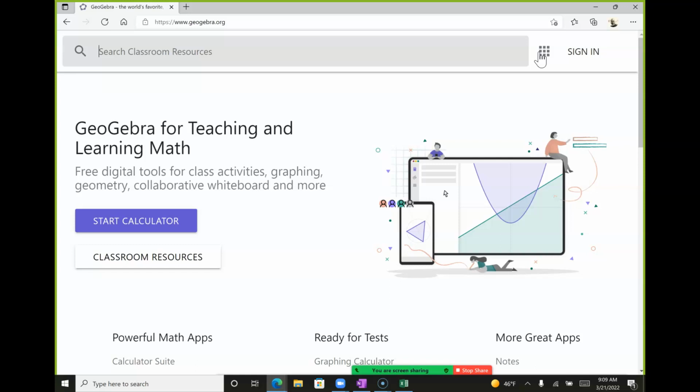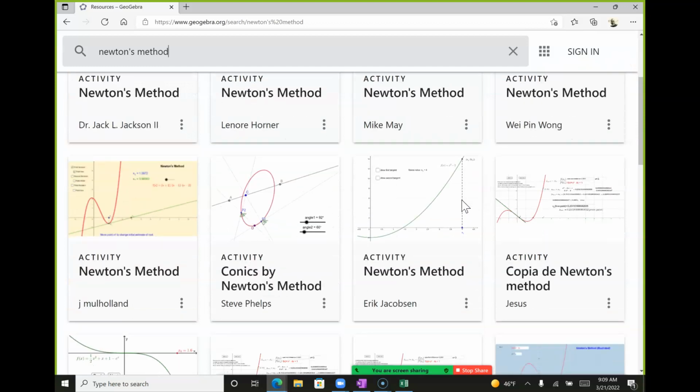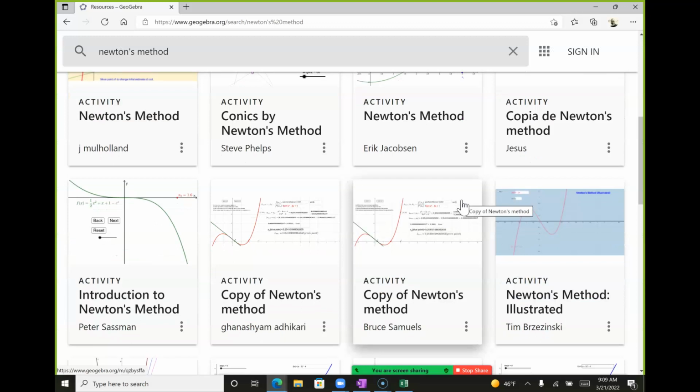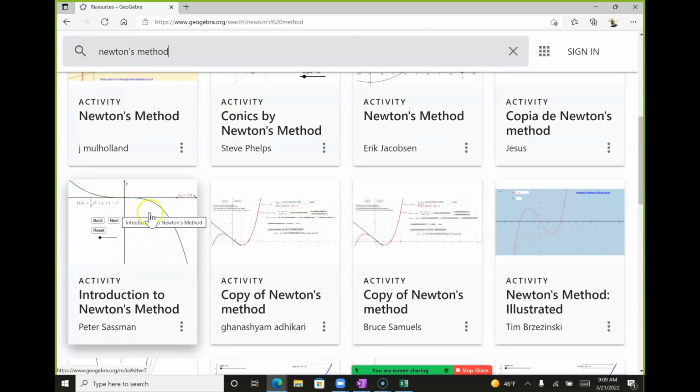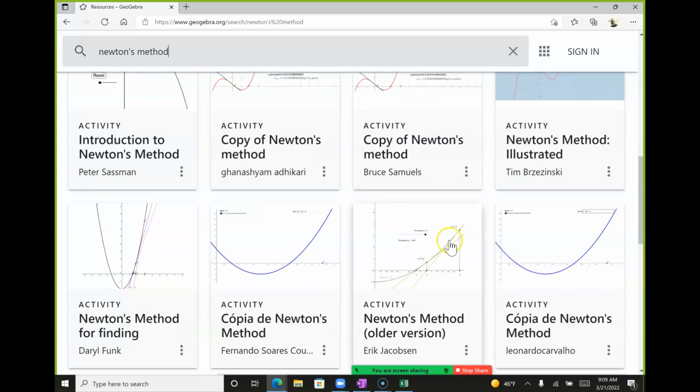So I'm looking for Newton's method here. Yeah. And there's 1,000 of them. So you just want to kind of look around and see. Remember, I'm going to be getting multiple tangent lines, right? And it's nice because you can plug in the function. You could do everything. Here's a nice one. Just because I could see several tangent lines to begin with, right?